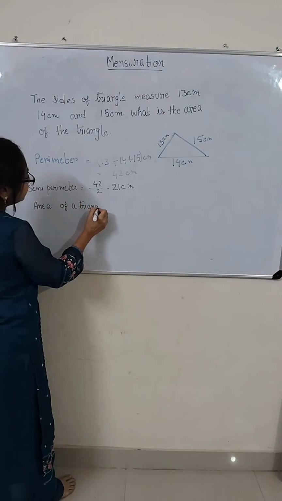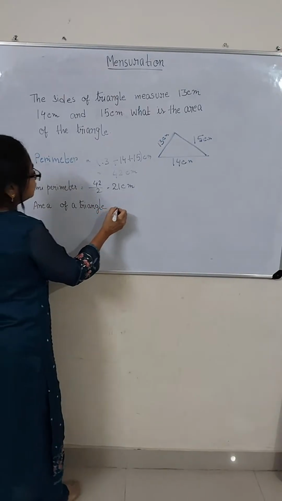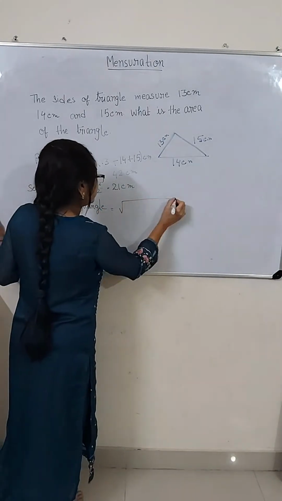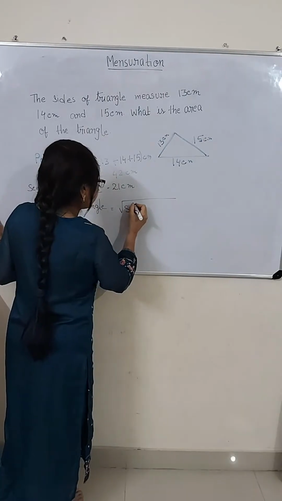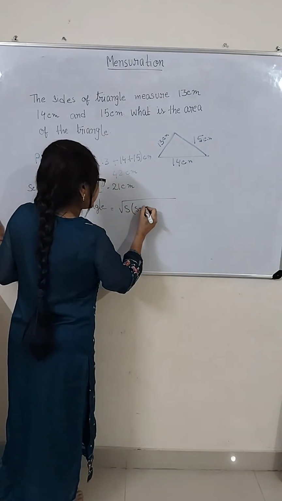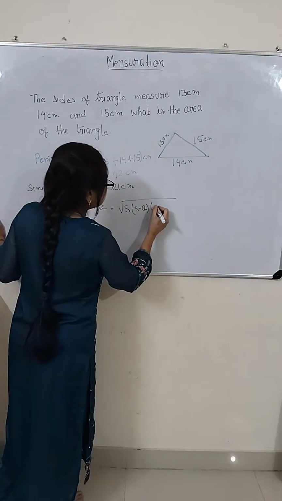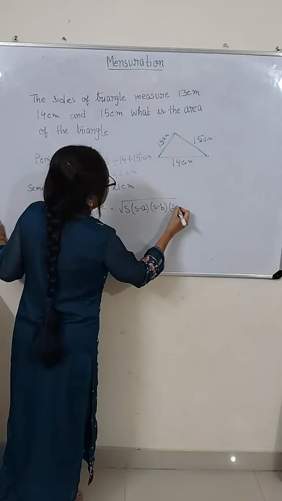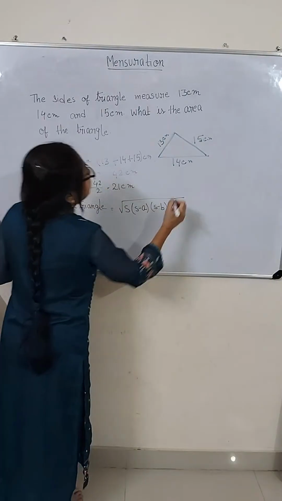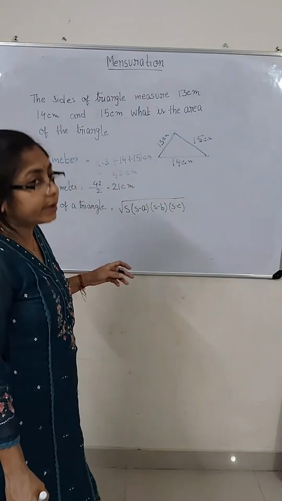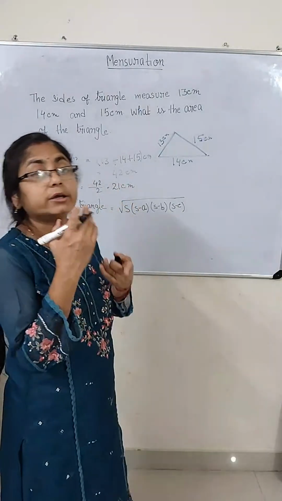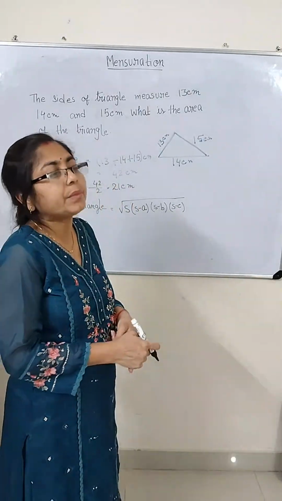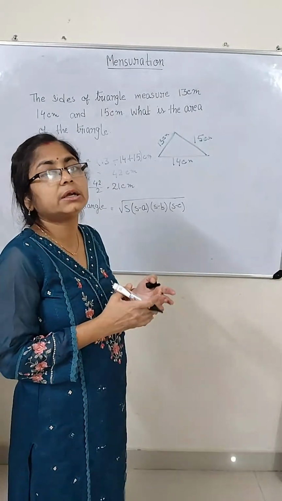Area of a triangle is root over S into S minus A, S minus B and S minus C. We apply Heron's formula when you do not know the height of the triangle and all the sides have different values.